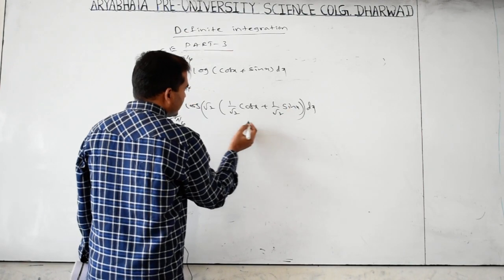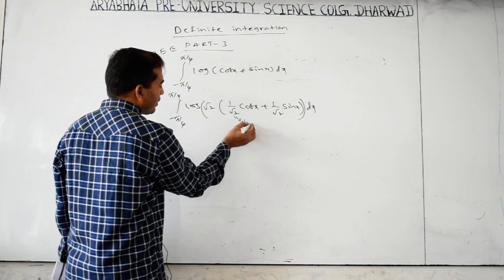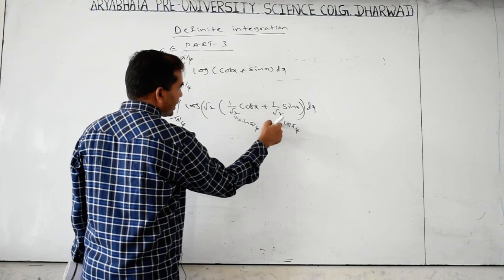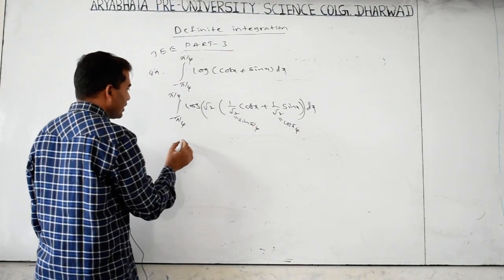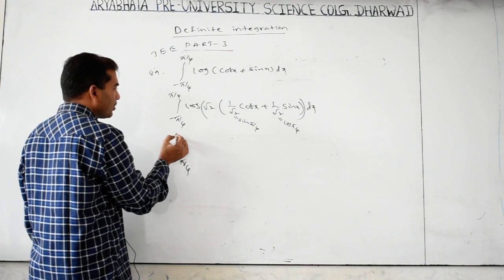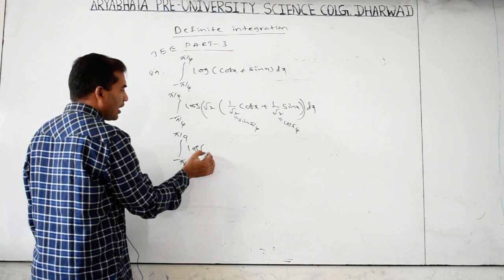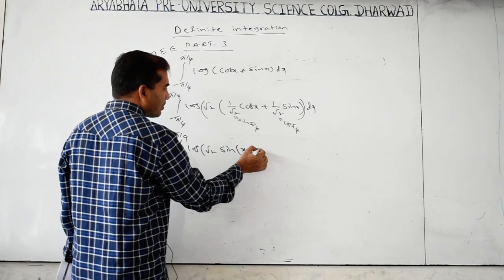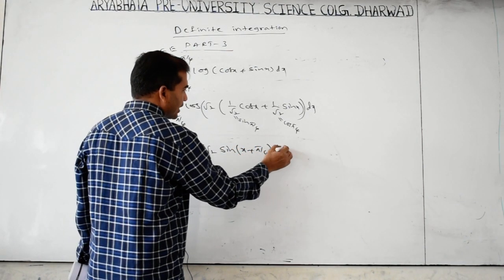Yes, we can write sin pi by 4 and cos pi by 4. Sin A cos B plus cos A sin B, equal to minus pi by 4 to plus pi by 4 of log of root 2 into sin of x plus pi by 4 dx.